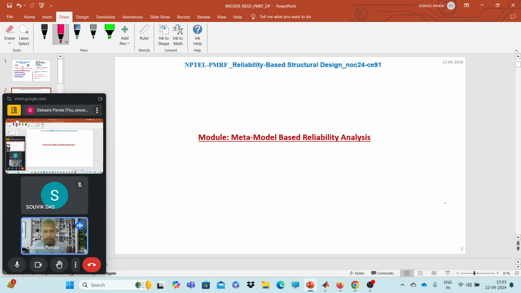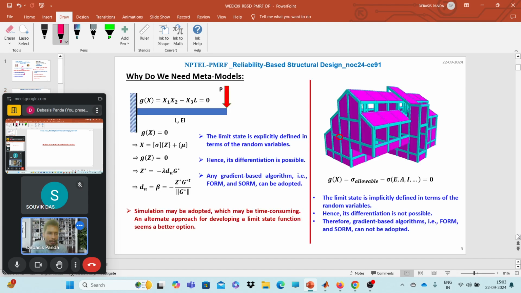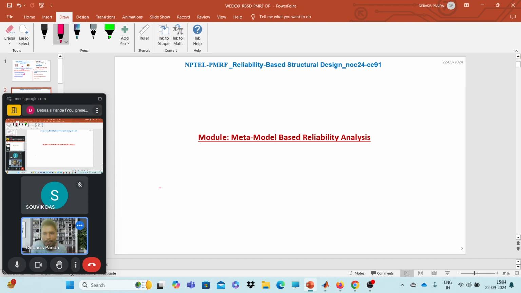Before going to meta model based reliability analysis, let's first revisit what other reliability methods we already learned during this course. First, we learned gradient based reliability analysis, where we solved different problems using the first order reliability method, considering the Hasofer-Lind reliability index beta, that means the minimum distance of the limit state in standard normal space from the origin.